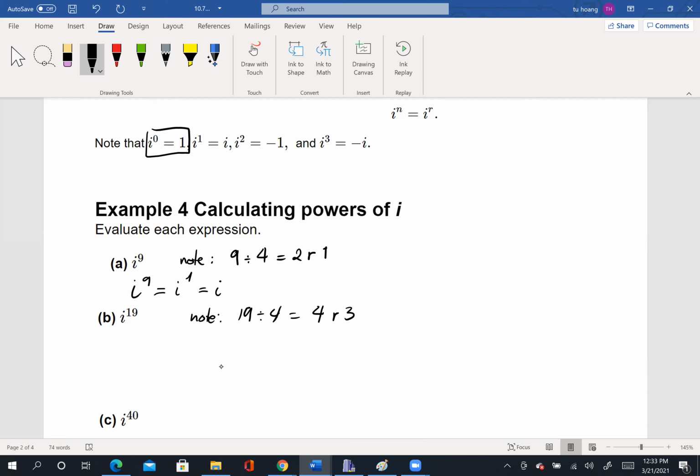So I have i to the 19 equal to i to the power third, and i to the power third can be rewritten as negative i. Let's just circle the answer.